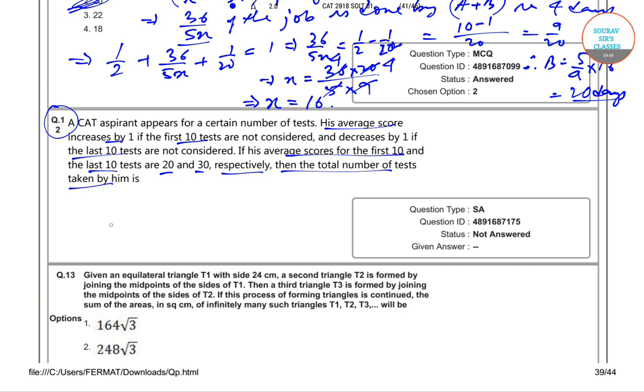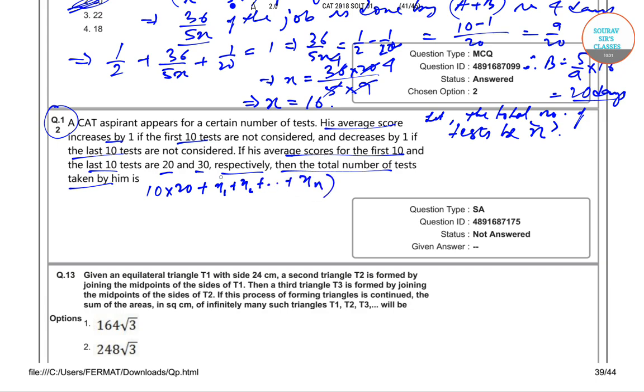Then the total number of tests taken by him will be, for our example, let the total number of tests be n. So he took 10 tests and the average score was 20, so 10 into 20 plus he took n tests, x1 plus x2 up till xn, plus 10 tests, average score was 30.